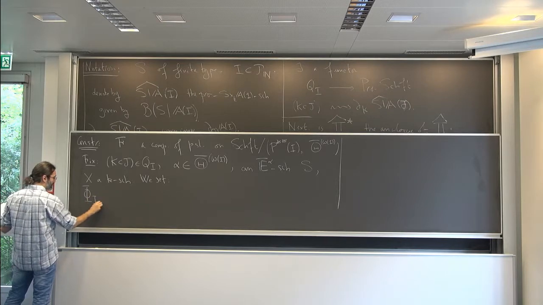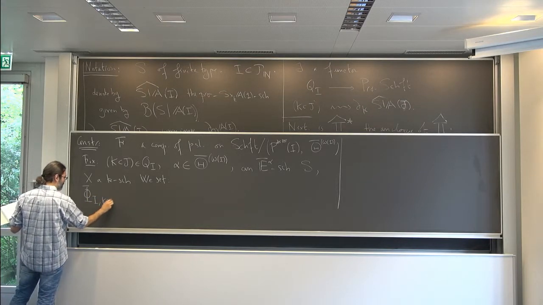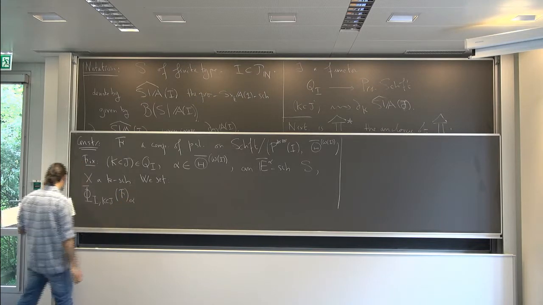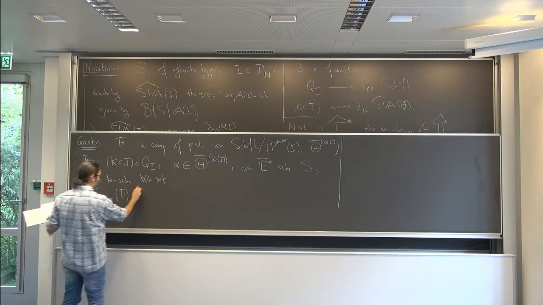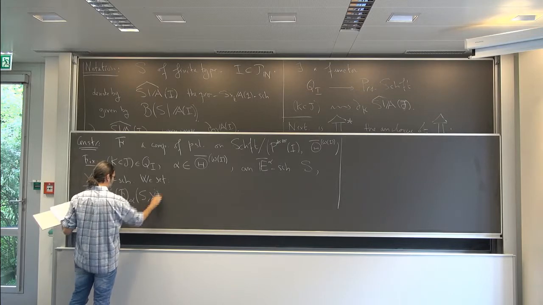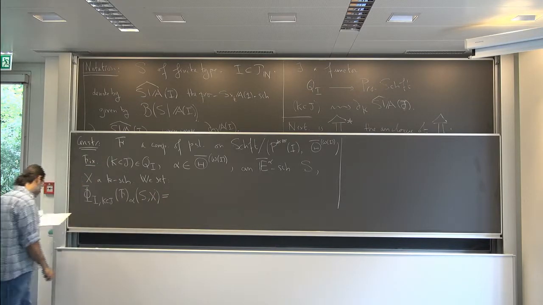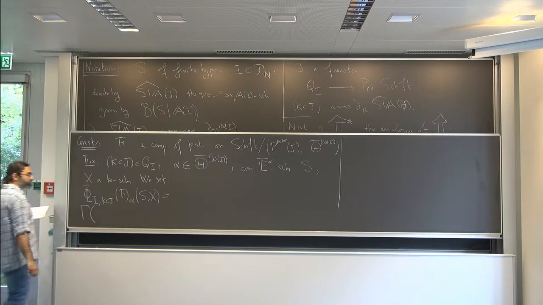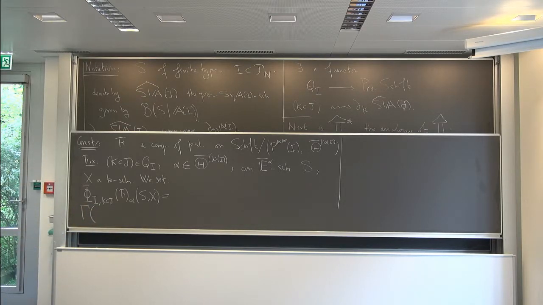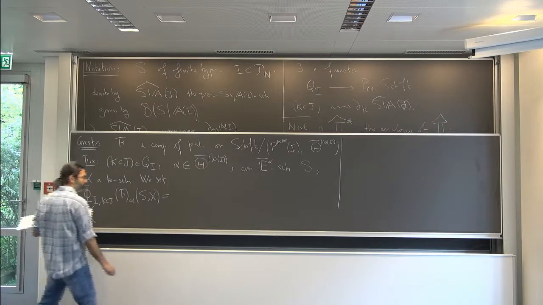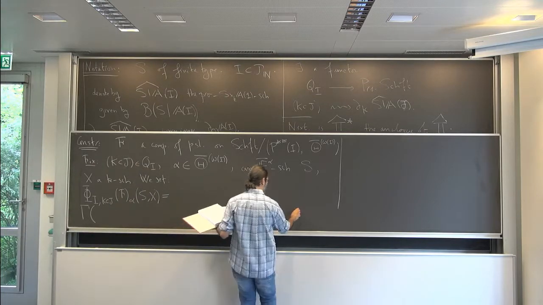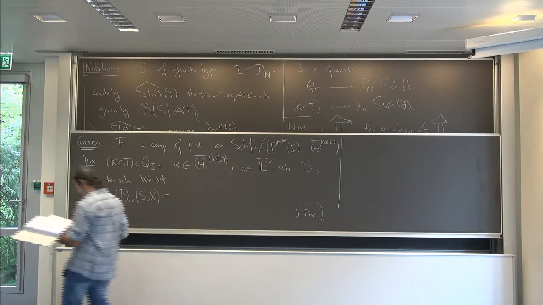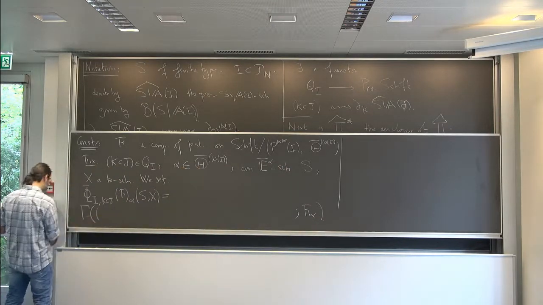It depends on I, on K inside J, on alpha, and on S and X. So what is this? You take the global section of some double star pro scheme, which is the following: the global section of F alpha, and the global section of the following object.